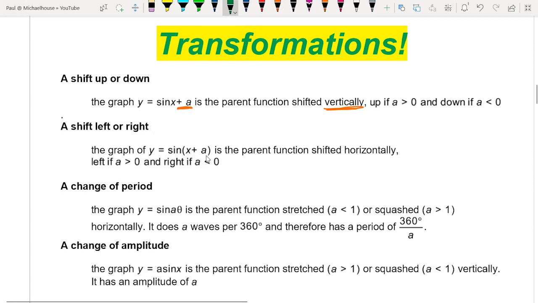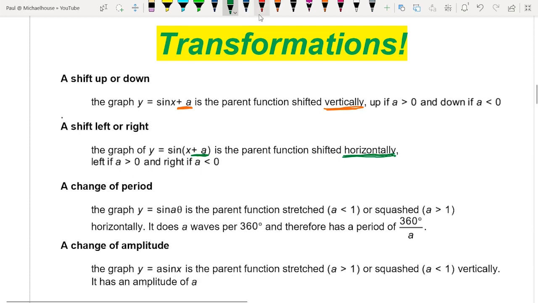If we add a number to the angle before finding the trig ratio of that angle, then it gets shifted horizontally. And just like our paper 1 functions, if we add, it goes left, and if we subtract, it goes right.